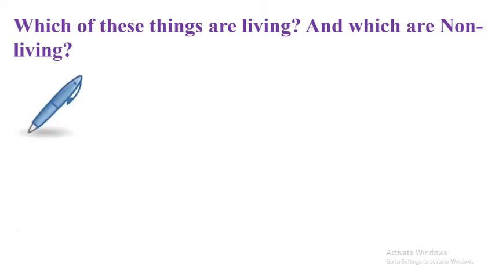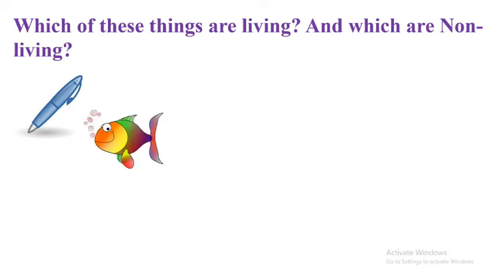Is a pen a living thing or not? Yes, it is a non-living thing because a pen cannot grow, cannot breathe, and also cannot move on its own. That's why a pen is a non-living thing.